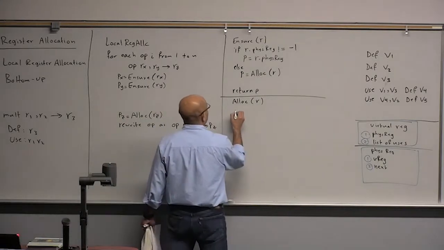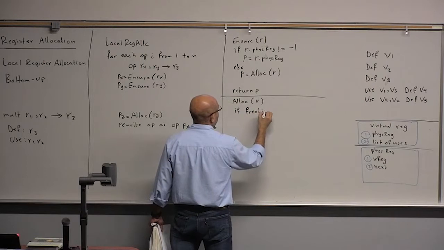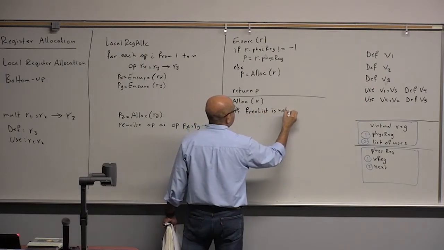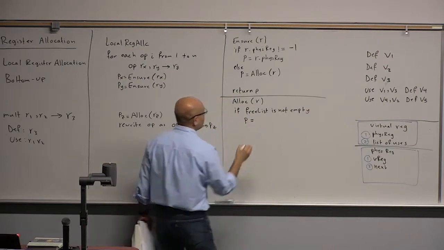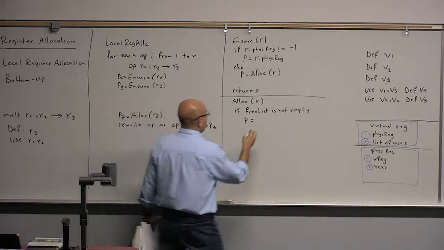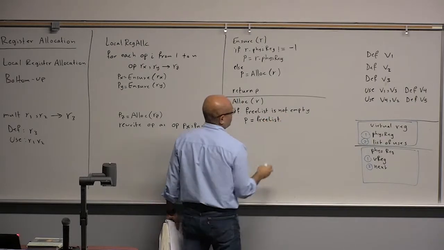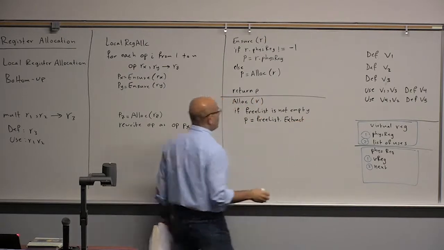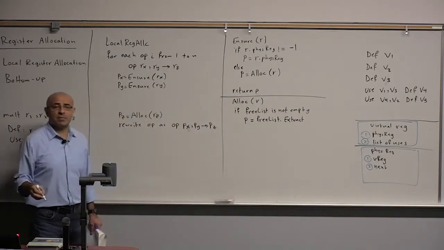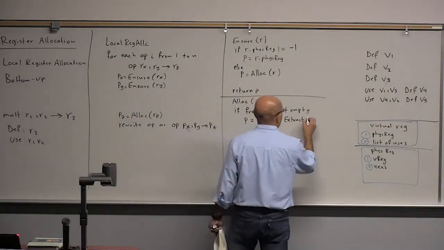So if free list is not empty, then P equals free list dot extract. You can extract from the top of the list or from the bottom of the list. This doesn't matter. Extract top.